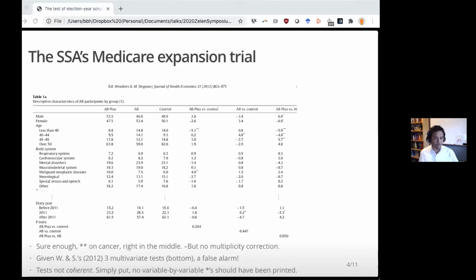So I'm offering this as a first example of table 1 significance stars or significance testing in practice. And here, the net result of it was to raise a false alarm and directly or indirectly lead to one study being excluded from the evidence base considered in that lit review.